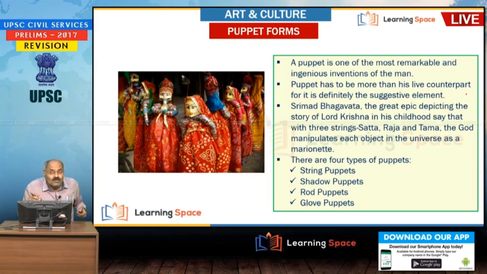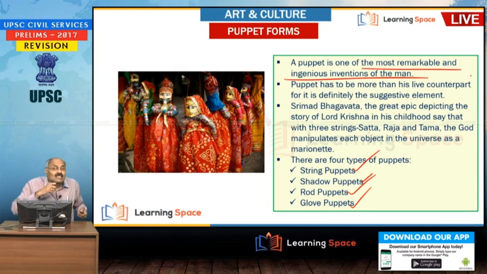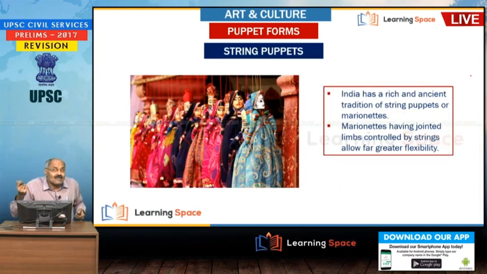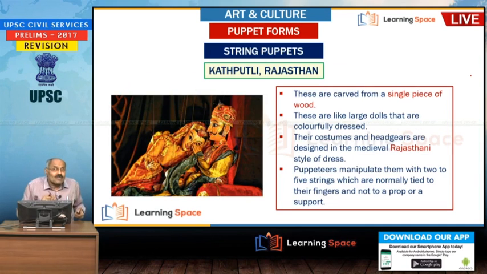Then puppet forms, they can be string puppets, shadow puppets, rod puppets, glove puppets, and puppetry is one of the most remarkable and ingenious inventions of man. So, if you see string puppets, here examples, this is Kathputli, this belongs to Rajasthan, made of a single piece of wood.